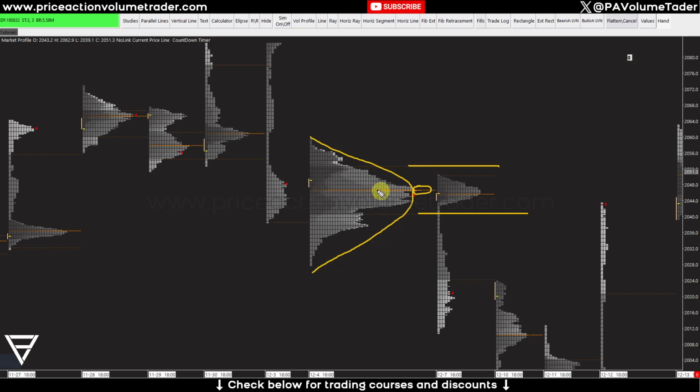That's the point where the most amount of time was spent at this price level, which in this case was 2046.